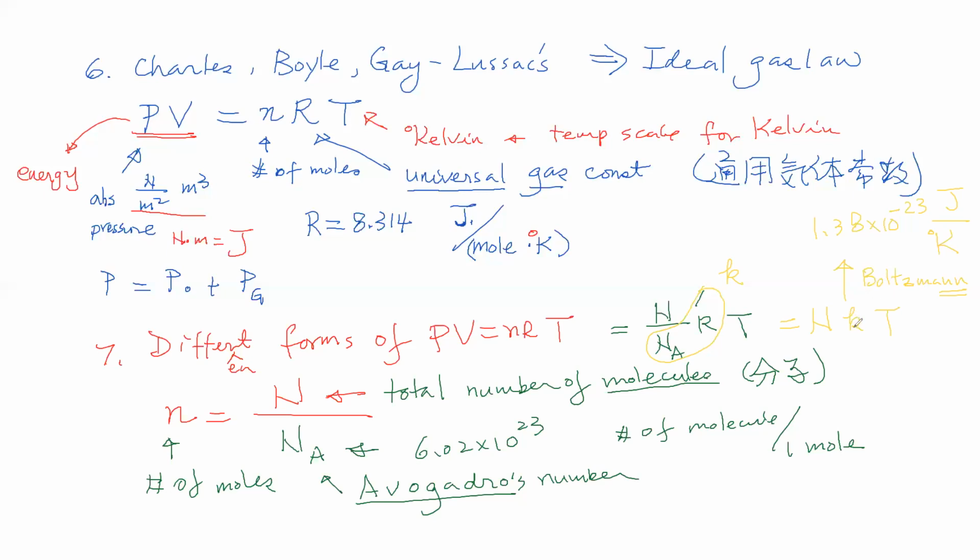All right, so next one, number 8, we're going to talk about the kinetic theory. The main result of kinetic theory is that KE, I'm going to change the color, this is not too clear.